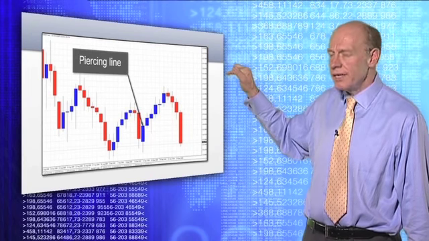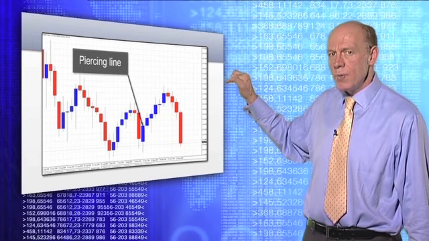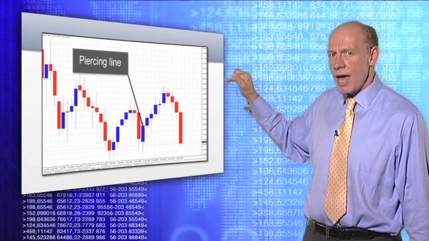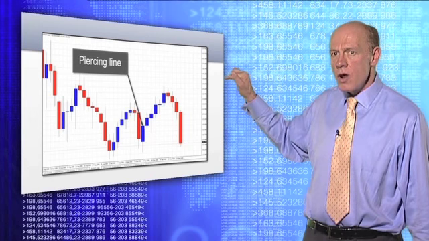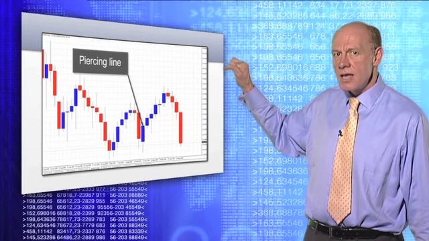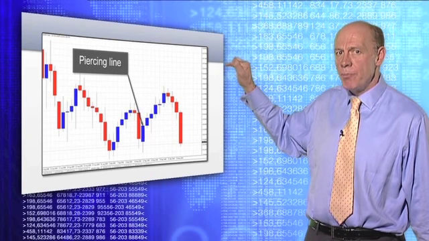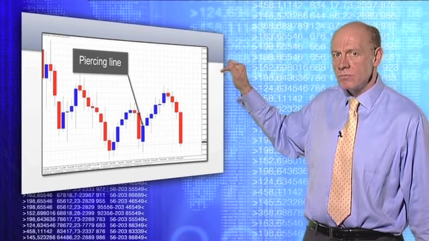But what it does is that it opens down. So the opening price of the blue candle is in fact lower than the closing price of the red candle. And then it reverses intraday and it closes higher than halfway up the body of the red candle.